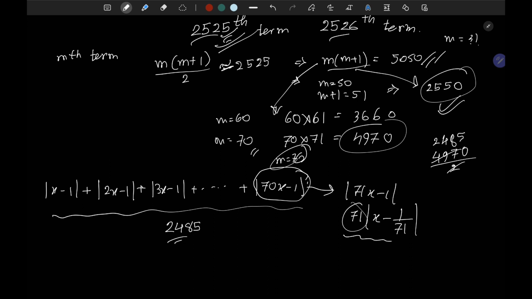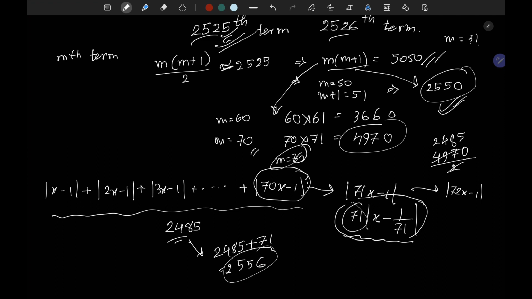So how many equivalent terms will we have when we get finished by this particular modulus and move on to the very next term, that is 72x minus 1? We already have 2485 terms. We add 71 with it, and this is your 2556.